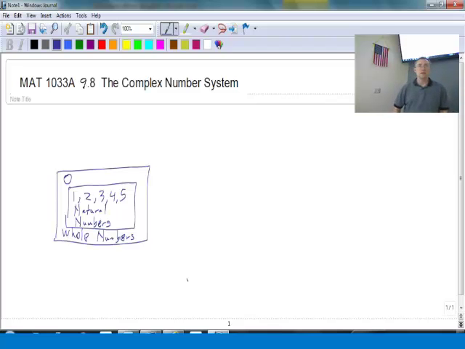However, when it comes time to subtract, we have a certain number of objects, and maybe we owe somebody else a certain number of objects, maybe more than we actually own, and so we have to subtract a larger number from a smaller number. We're not guaranteed that we'll get a whole number as the answer.